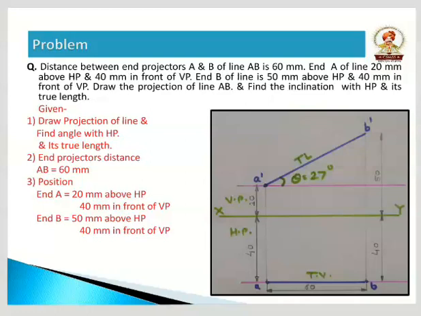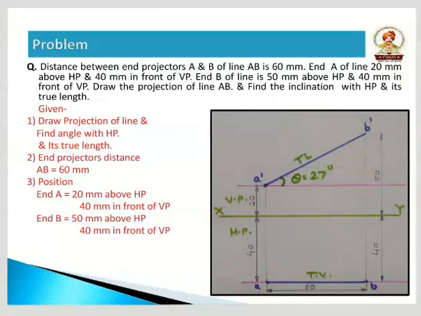Now just recall the reflection spot question. What is asked in the problem? Draw the projection of line, find the angle with HP and its true length. Which is given, and in which manner will its position with HP and VP be described?